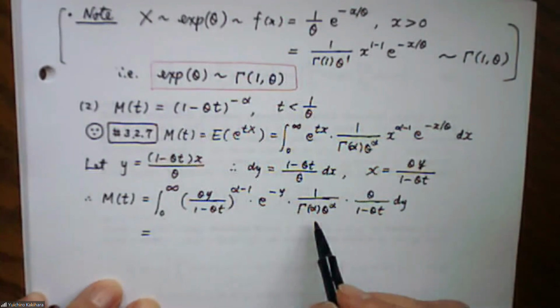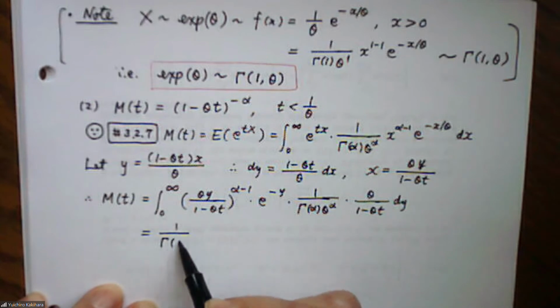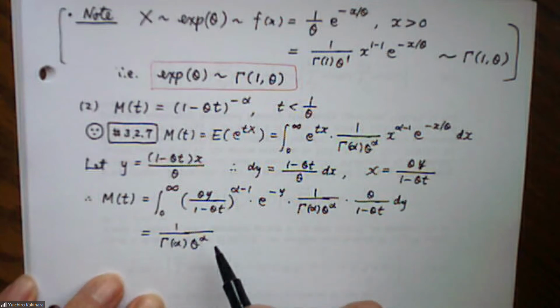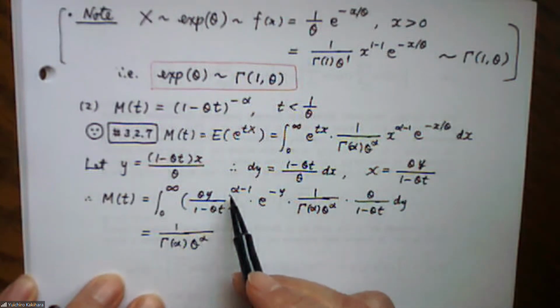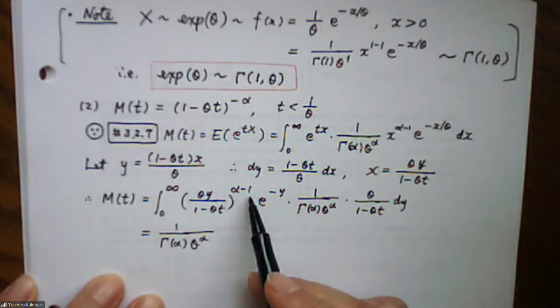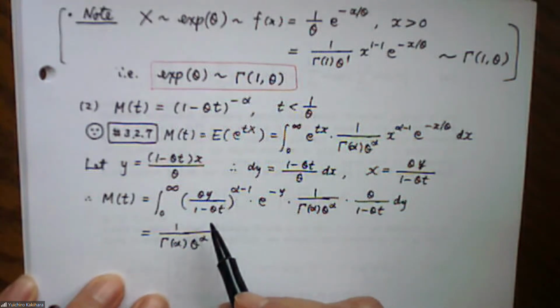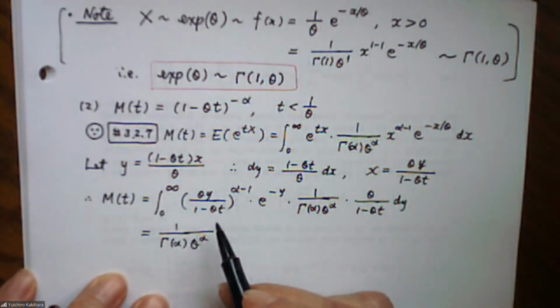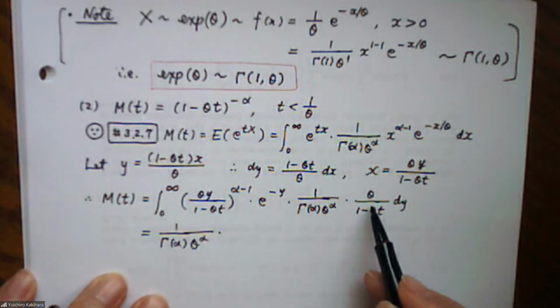this is a constant, so it goes outside of the integral: 1 over gamma of alpha theta to the alpha, and another part, theta to the alpha minus 1, and then y to the alpha minus 1, and times theta, and also this guy. 1 minus theta t is here, also 1 minus theta t is here.